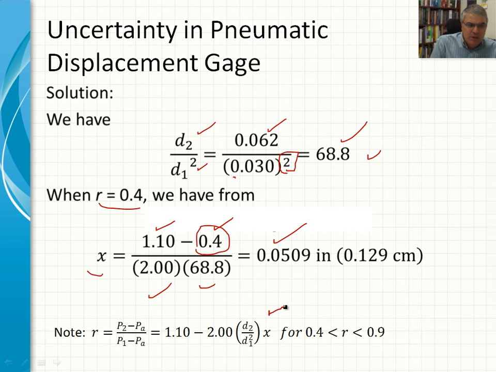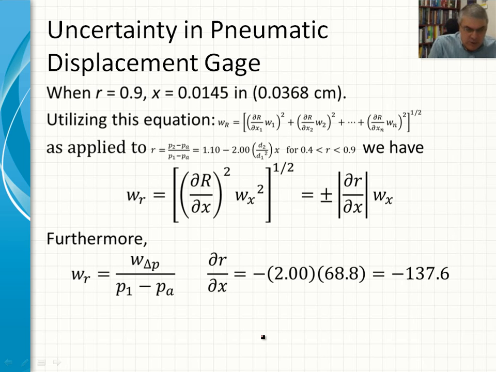Note again down here that the equation is written out to help out. In this case, as you can see, we can simply take this ratio and rearrange the equation, and knowing R, we can easily calculate X. This is, again, the lower bound for X when R is 0.4.